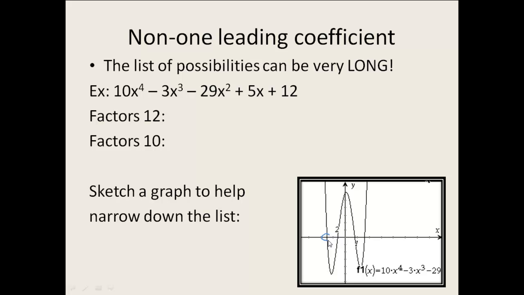Now remember, zeros are these points where they cross the x-axis. So from that list, I know I would not pick anything above 2 because my graph does not cross up here above 2. I also wouldn't pick anything below 2.5 or so because my graph doesn't cross down here.